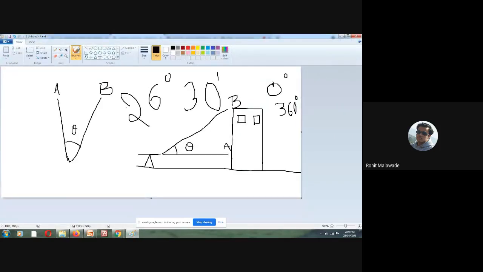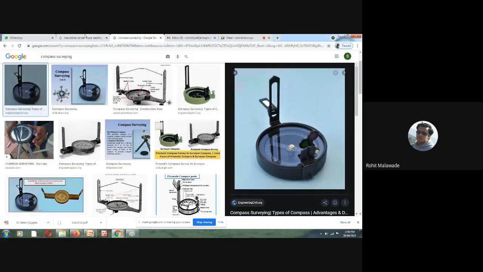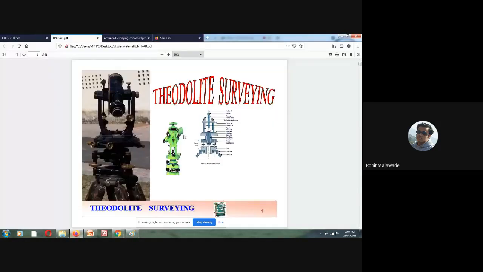But when it comes to the vertical height or the angle between the two points, we cannot measure it using the compass. Now by using this theodolite, we can measure the vertical distances also. So this is the main advantage of the theodolite instrument.